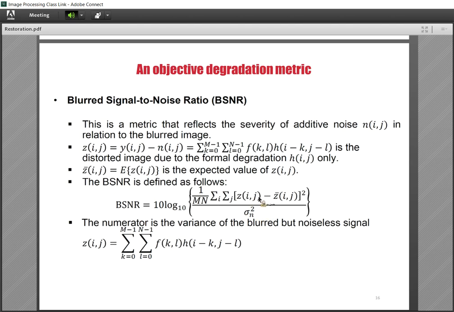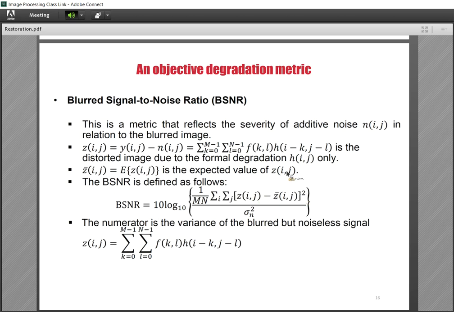But for a system with blur, that is the output of the system, z is y minus n. That means the output without the effect of the noise, the blurred output itself, damaged only by h, not by n.